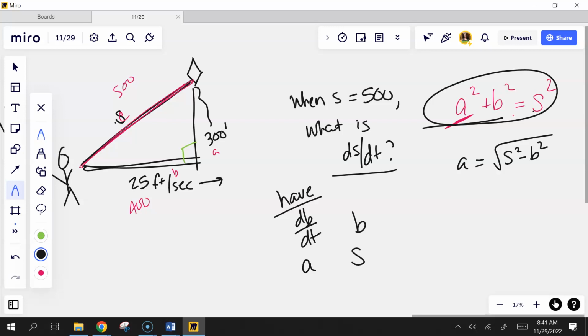2a dA dt plus 2b dB dt. Well, why can't I do that? Why can't I say that A is the square root of S squared minus B squared, squared, plus B squared? No, that's not going to work.